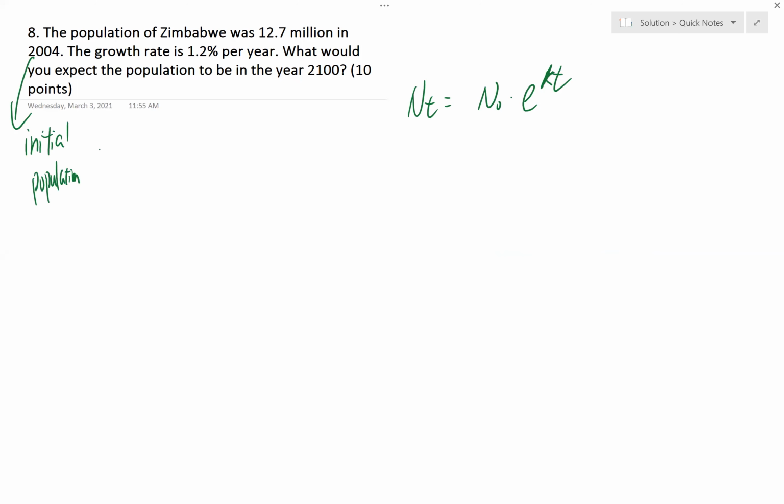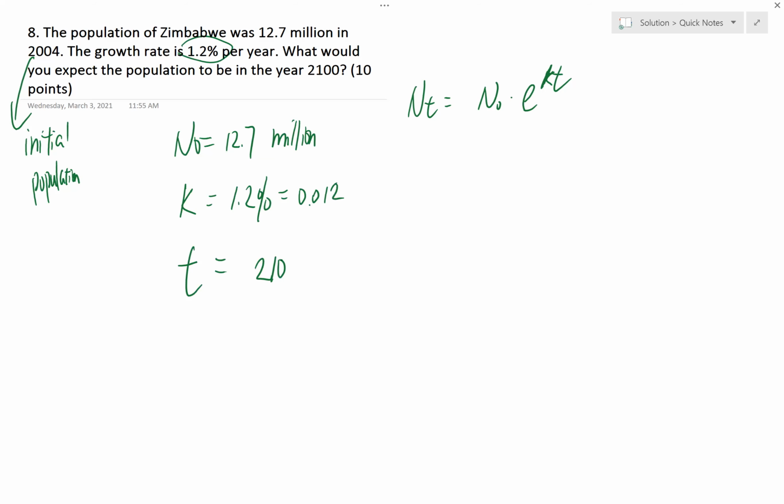And that means N0 equals 12.7 million. Keep as is. And also we know the growth rate. Annual growth rate is 1.2%. It's 0.012. And then we also know the time t, because between 2100 and 2004, that's 96 years.